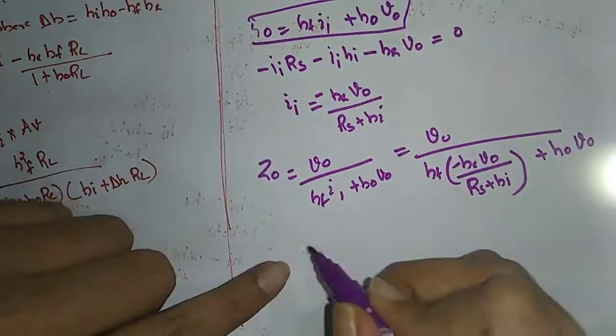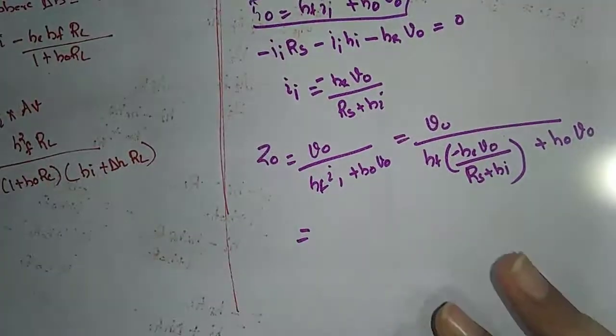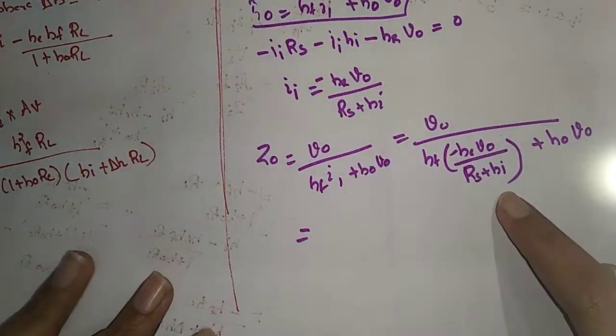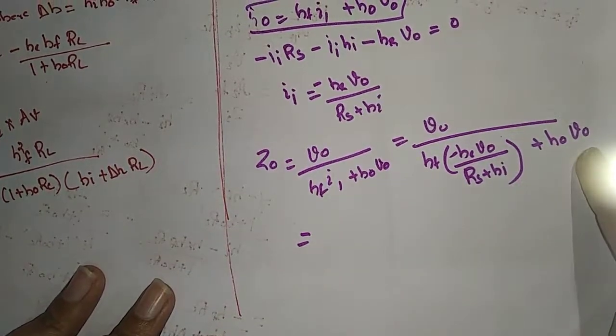This is my equation. How can I solve this and get an equation? I am taking the LCM of RS and HI.